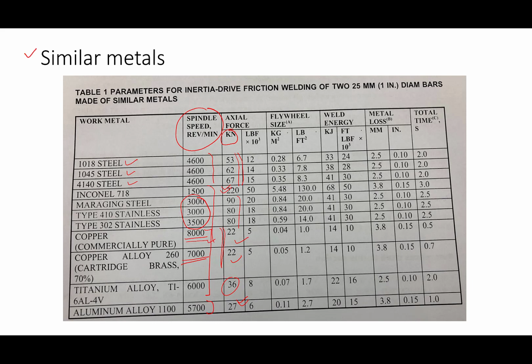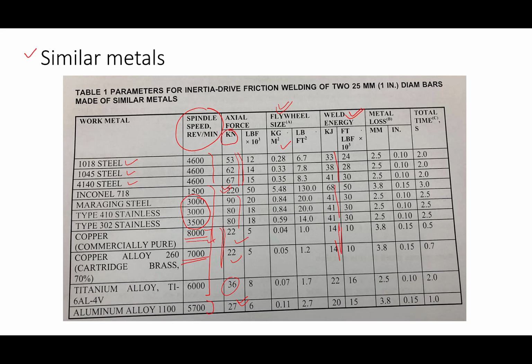Then the flywheel size, because this was about the inertia, direct inertia friction welding. You can see the kind of wheel size that is used, and then the weld energy required for developing the weld joints. That is also what you can see.